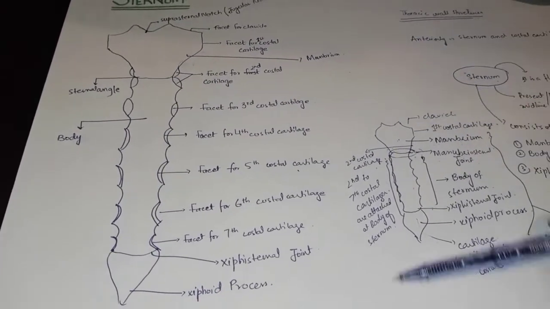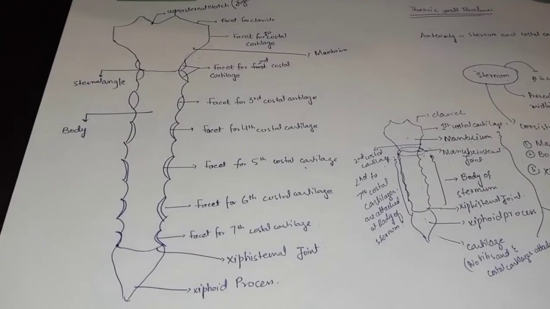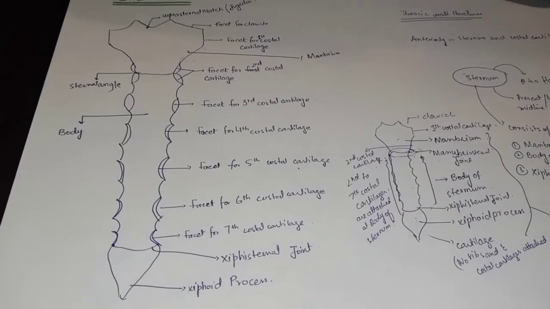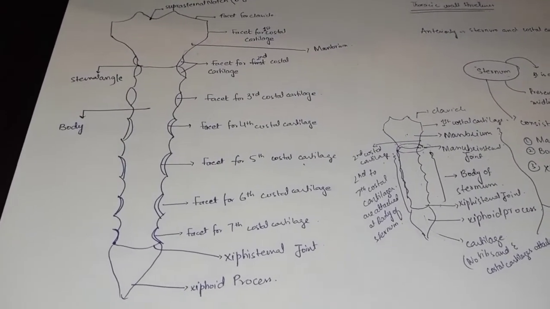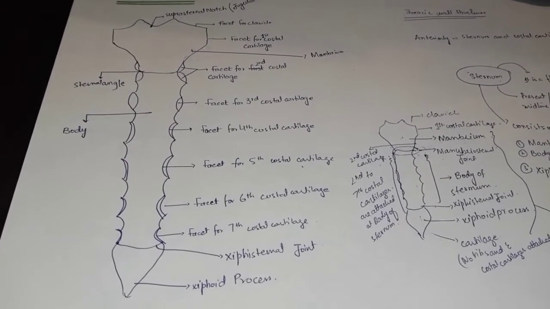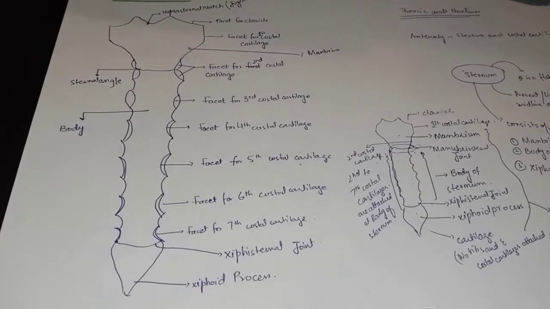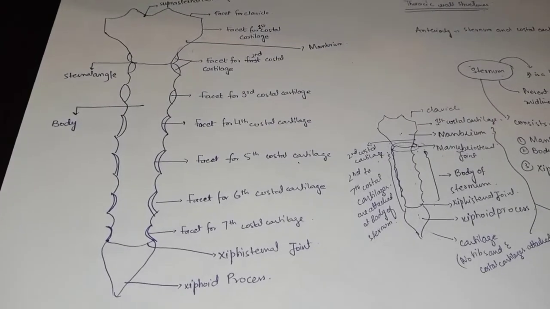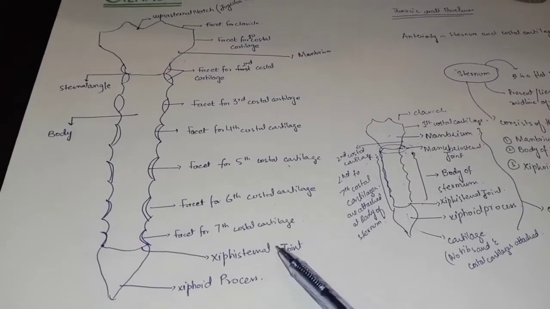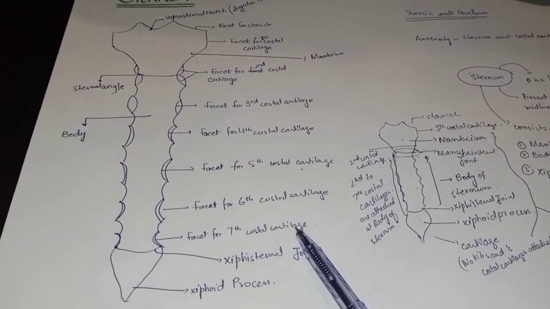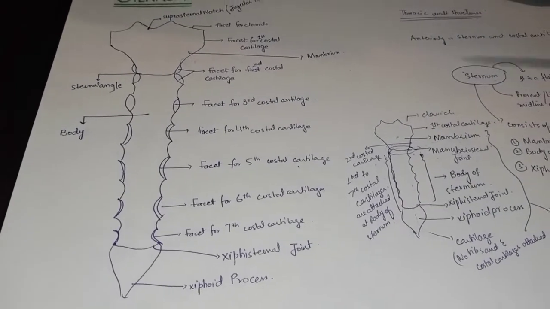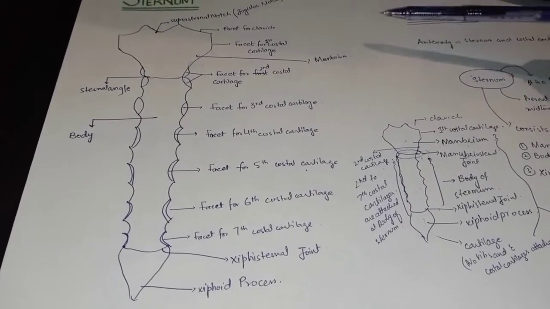So this is all about the sternum. For the anatomy of the sternum you have to know what the manubrium is, what the sternal body is, what the xiphoid process is, how many costal cartilages are attached at the level of the body of the sternum, and how many structures are attached at the level of the manubrium.